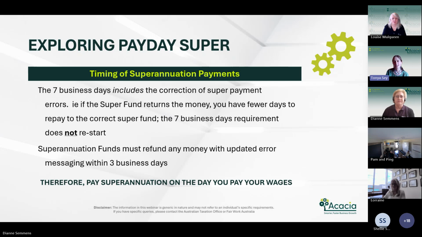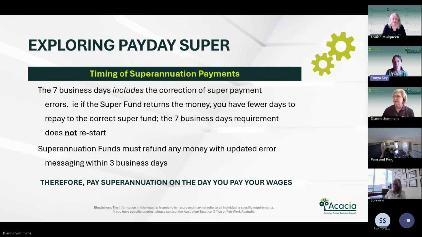Check it all. Start now, if you're not already, using the system, making sure that the information, the super funds, the member IDs, all of that is accurate at this point in time, and using that to reduce the risk of there being errors in the first instance.